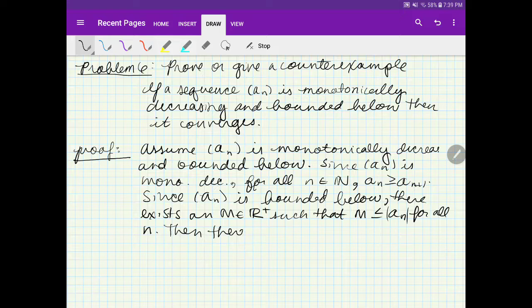Then there also exists an L that's an element of the real numbers such that L is equal to the inf of a sub n.